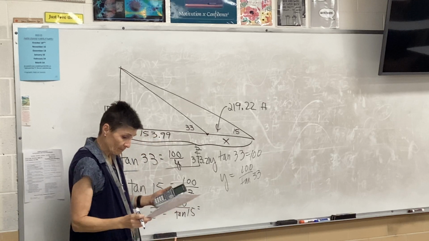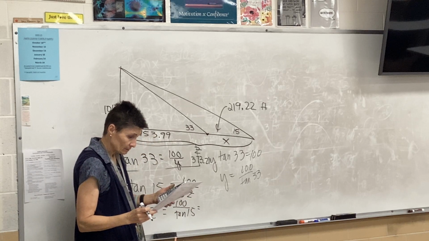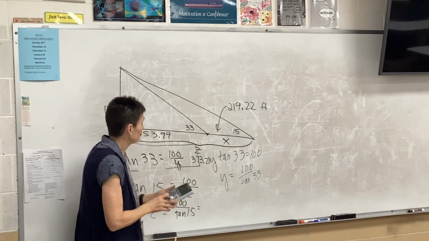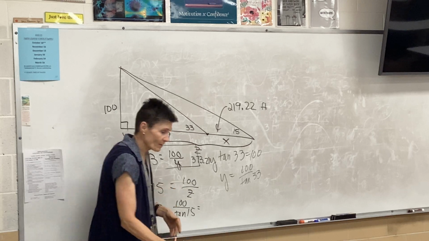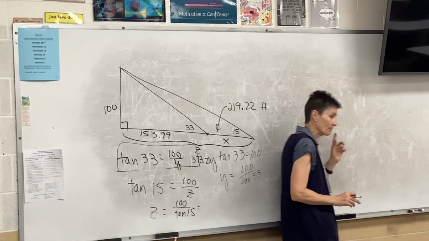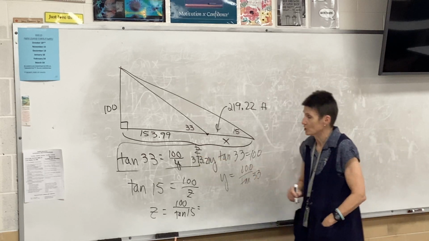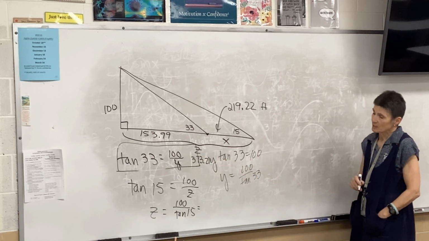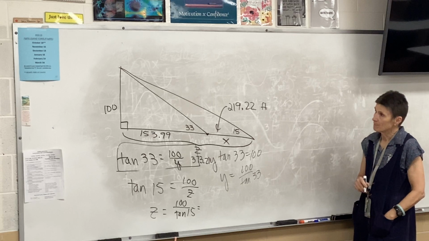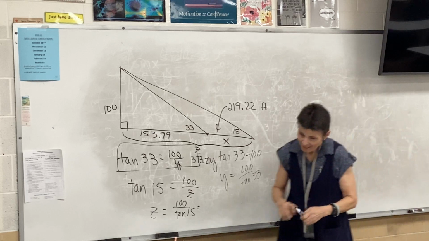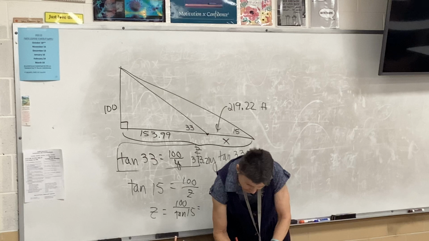All right, so that was a little easier actually than some of them because I could actually solve my equation. I didn't need to do substitution and all that stuff. Okay, so that takes care of that one.